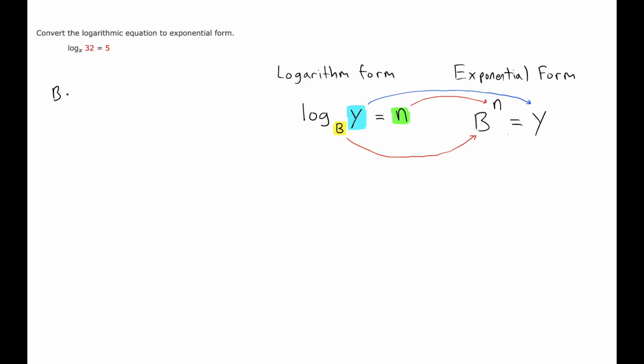So for us, the base of the log is x. So that's going to be our b here. The 5 is an expression that's alone, but this is going to become the new exponent.